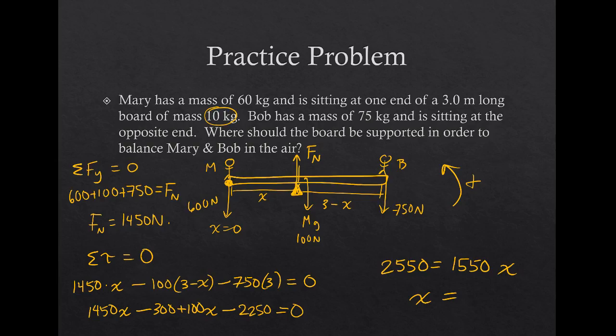And so x here is going to be equal to, let's see here, 2550 over 1550, which is about 1.65 meters from the left edge of the board.